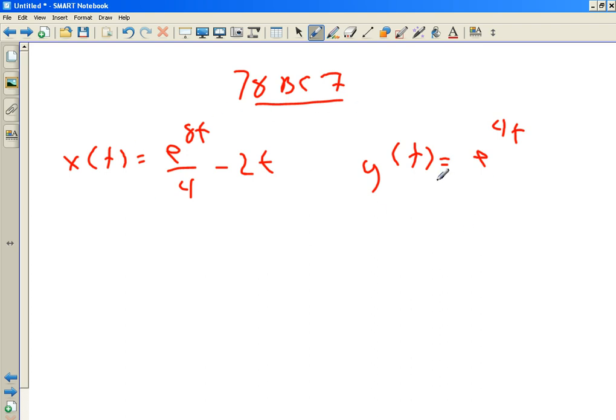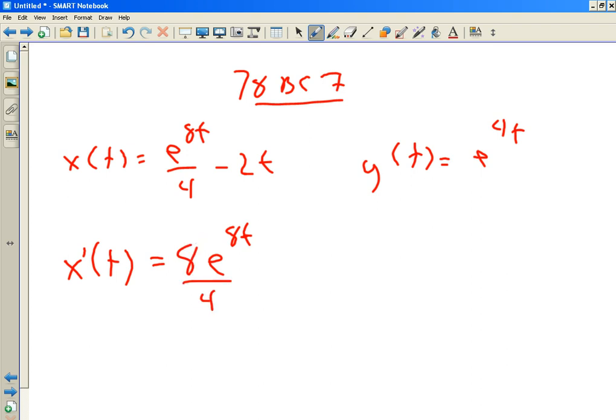So parametrics and vectors, they go hand in hand. This could be a position vector. How would you get the velocity vector? You take the derivative, right. So what's x prime of t or dx dt? What's the derivative of this? How do you differentiate e to the u? You get e to the u times chain rule, which is 8.